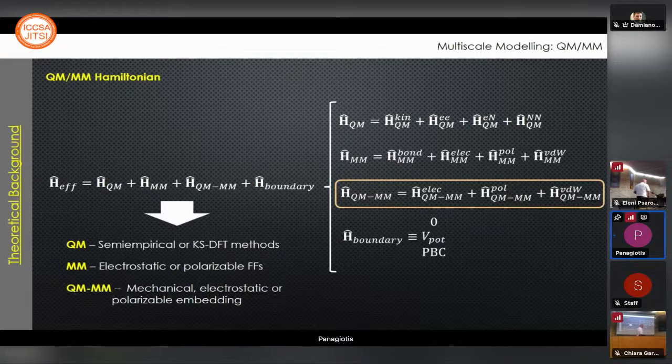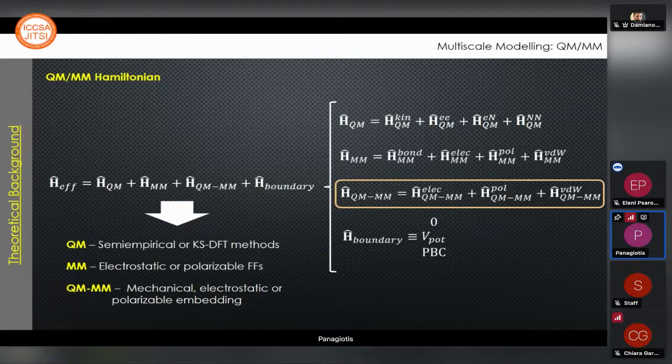On the other hand, the methods we normally employ to perform calculations in QM/MM include quantum methods, normally semi-empirical or based on Hartree-Fock and DFT theory for the QM region, and electrostatic or polarizable force fields for the classical region.